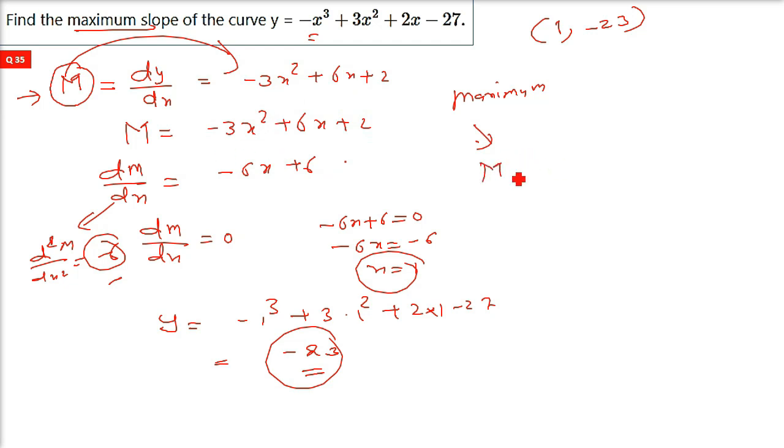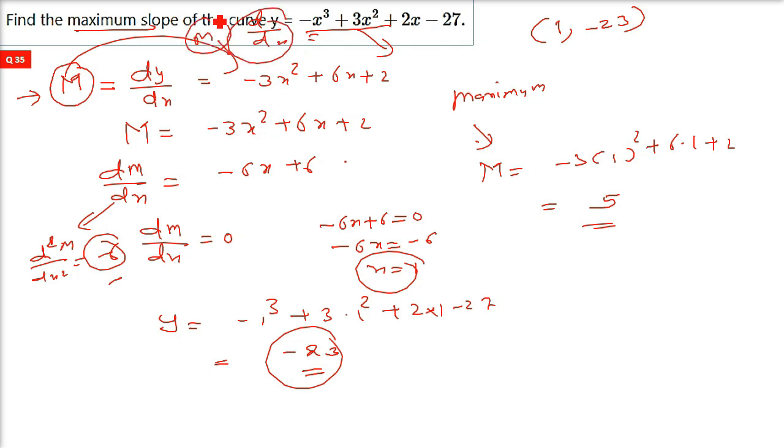Actual equation is this one, as I have been reiterating again and again. I'm taking 1 and keeping it in m equals negative 3x square plus 6x plus 2. That is going to give us 5. This m is 5. So this 1 comma negative 23 is not what we wanted. It's actually 1 comma 5. You can call it that, or you can say that slope is 5.